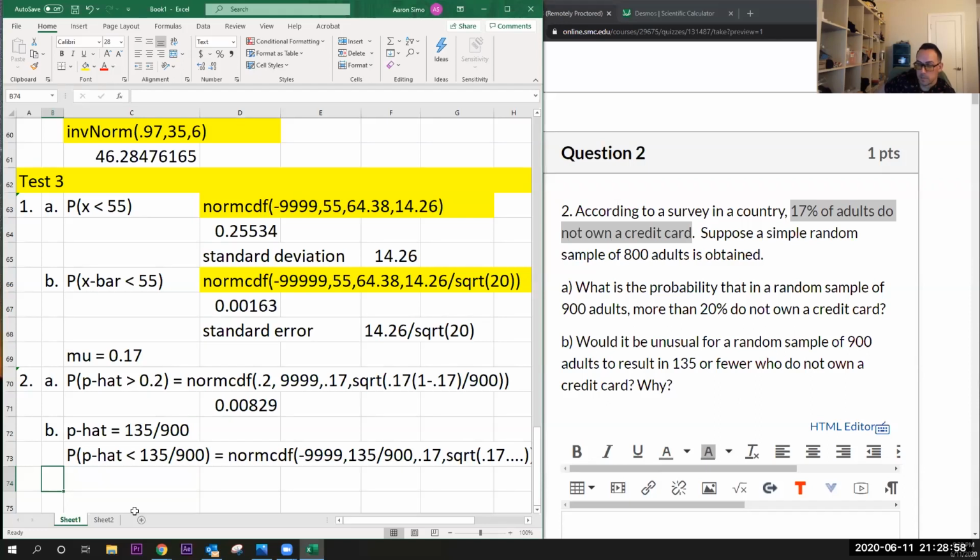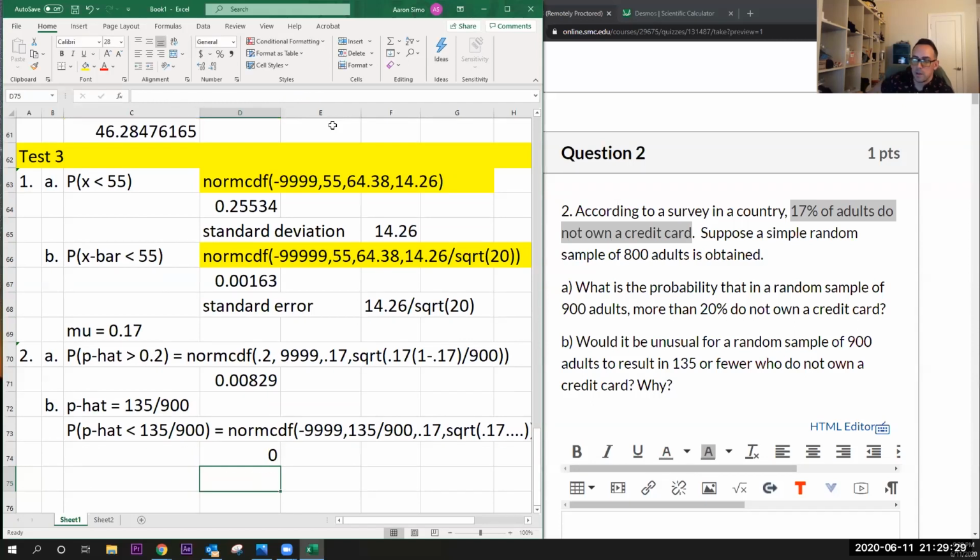So it's just the same thing as the other one, Control C, Control V, except I should change something. Negative 9s. I'll have to put in 135 over 900, and get rid of the 1 minus over here.